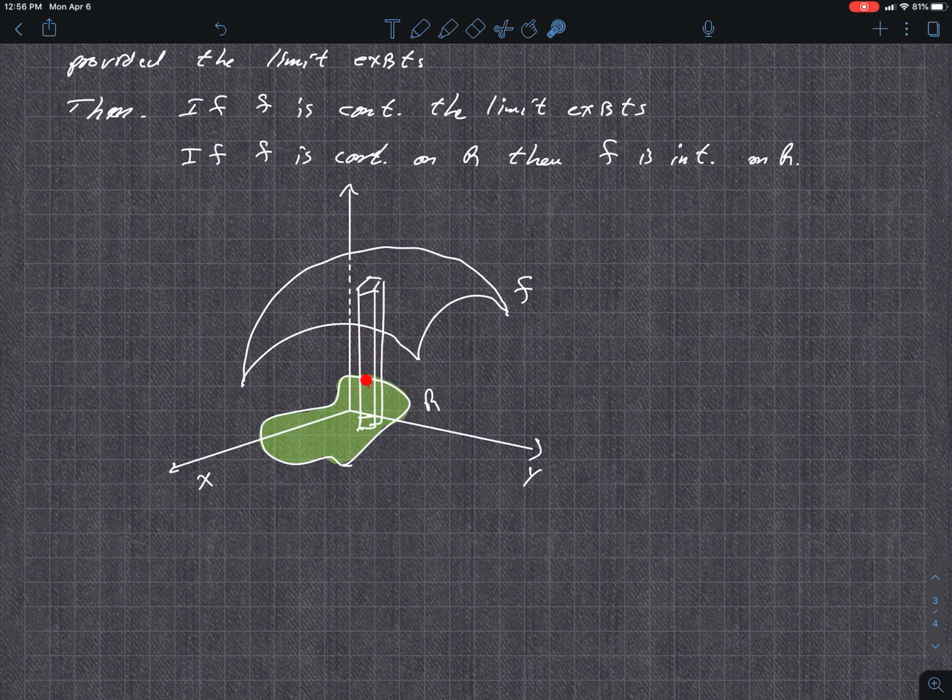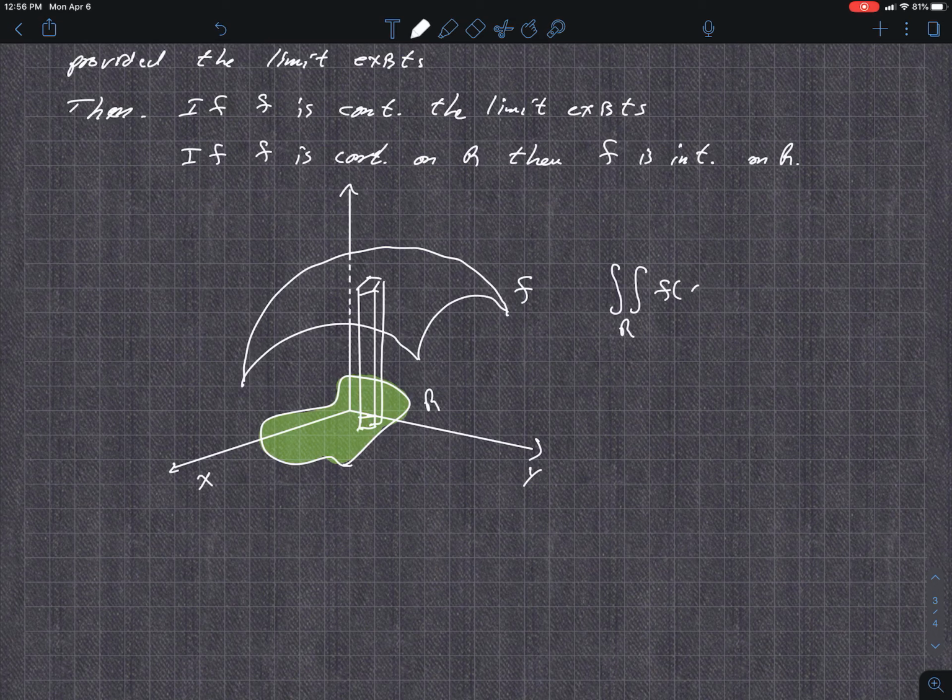So you get volume, right? As you're adding up all these things, you have the dA down here, the delta A is that, and then times the height gives you area times height. And then you add all these up over the entire region, and you get the volume underneath the surface.